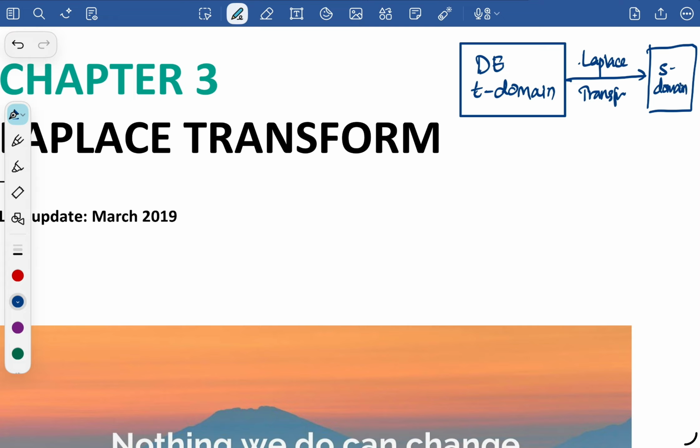Previously it was y(t), y(x), but when we use Laplace transform, it is going to be in the form of the s domain.